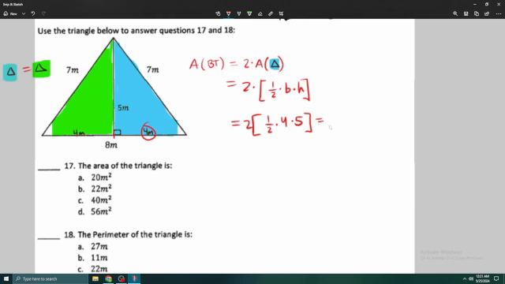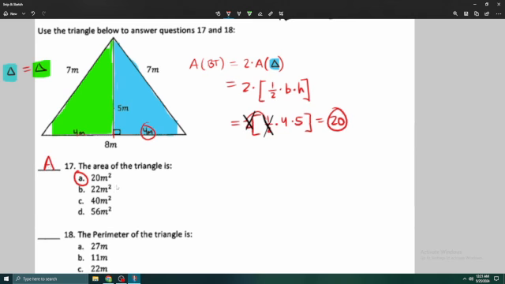One cool thing that we can do is distribute that 2 to that 1/2, and these are going to cancel each other out. So all we're left with is 4 times 5. There's a lot of ways to do that problem. You can just throw it in your calculator, honestly. 1/2 of 4 is 2. 2 times 5 is 10. And then 2 times that 10 is 20. We get 20 square meters.